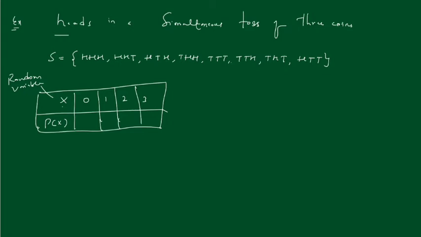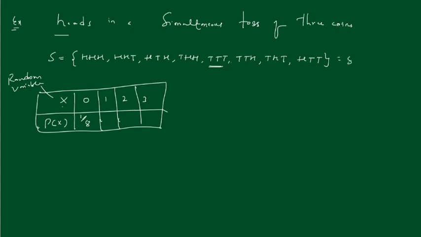Whereas for the number of heads, either we can get no heads, that is 0, 1 head and 2 tails, 2 heads and 1 tail, and all 3 are heads, right? So the probability for 0, which means only 3 tails, no head: favorable outcomes is only 1 divided by total outcomes.